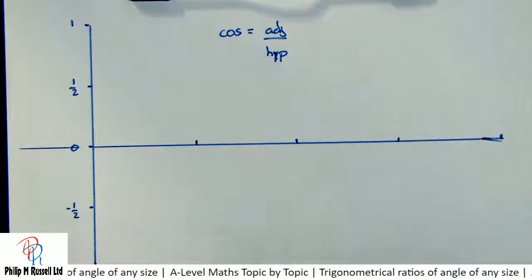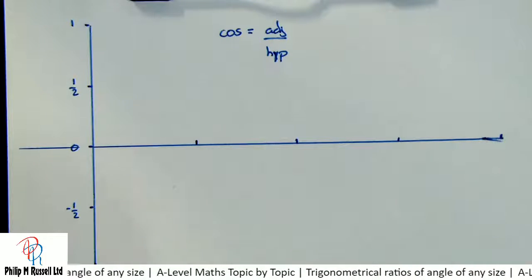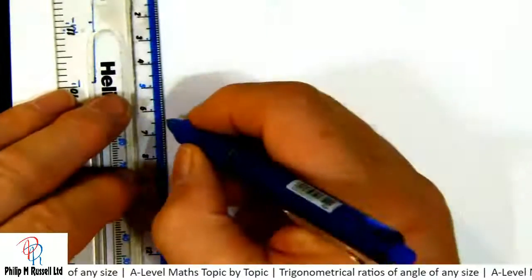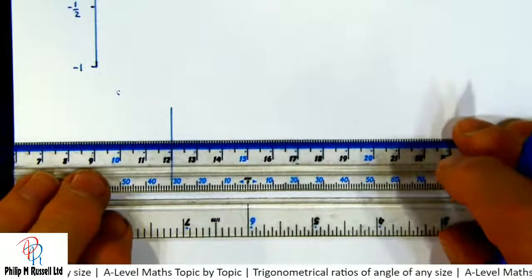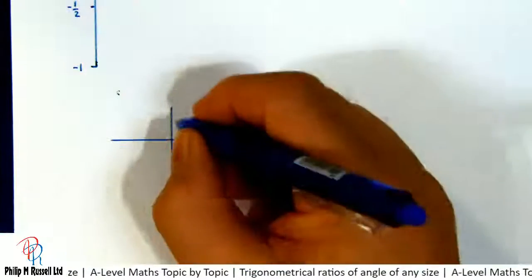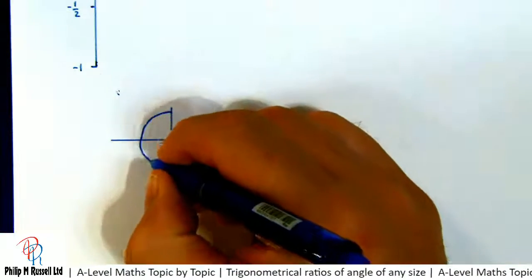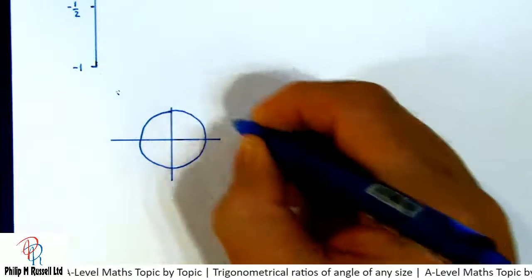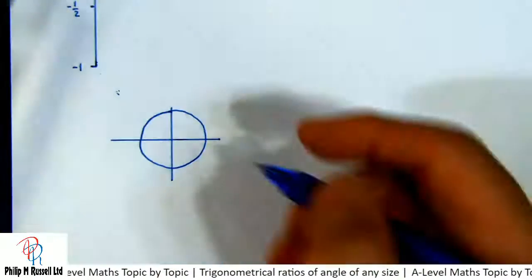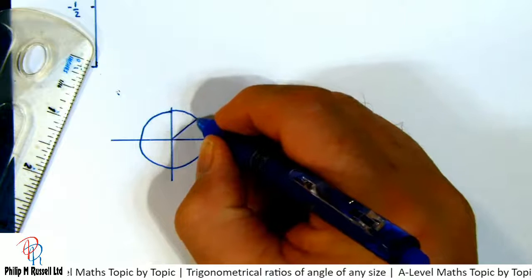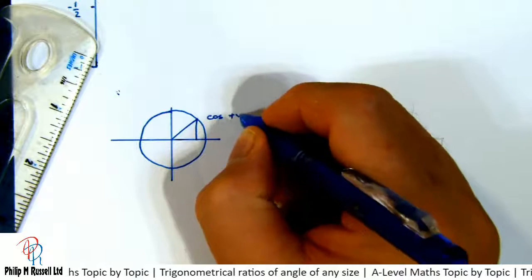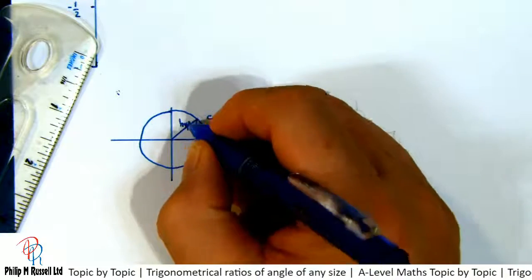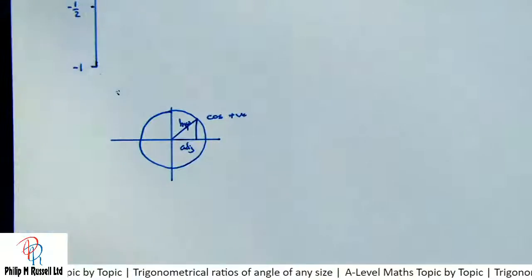So as we're looking at this diagram, then we know from our previous CAST diagram that we drew, that when we're in here, cos is going to be positive because we're looking at the hypotenuse and the adjacent.